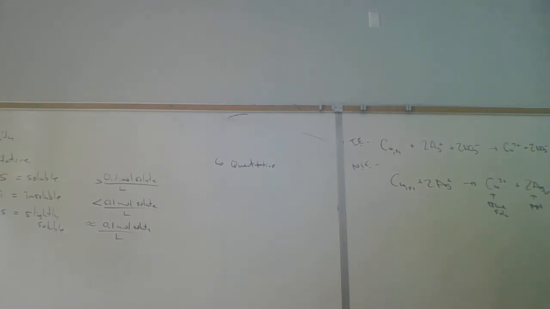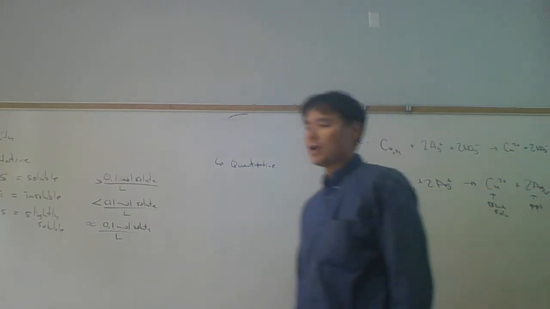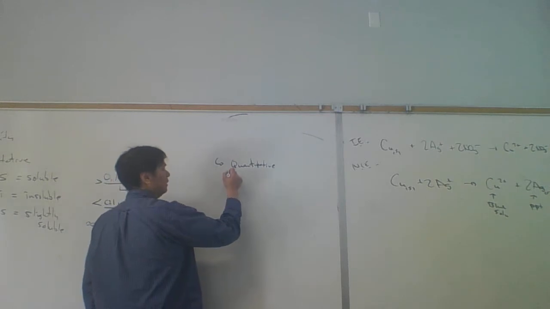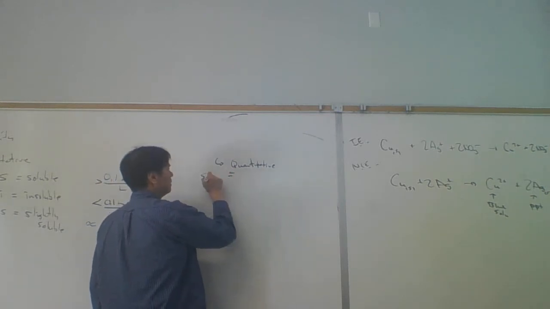And so, in other words, this is going to be highly soluble, but what if I tried to dissolve 360 grams in a liter? If I tried to dissolve 360 grams, then I'm not going to be able to do it. I'm going to dissolve 359, and then 1 gram is going to be left undissolved. And so the quantitative solubility is defined differently.